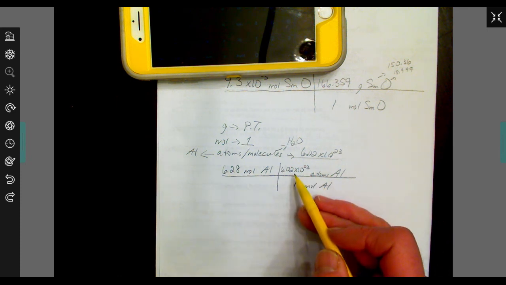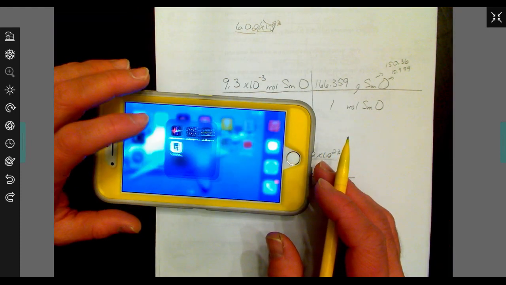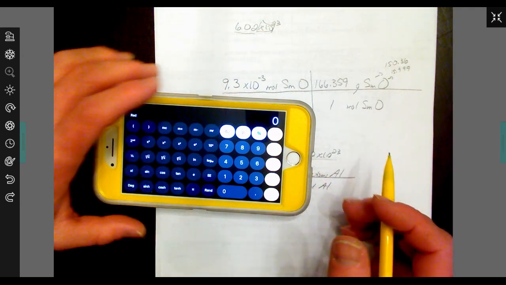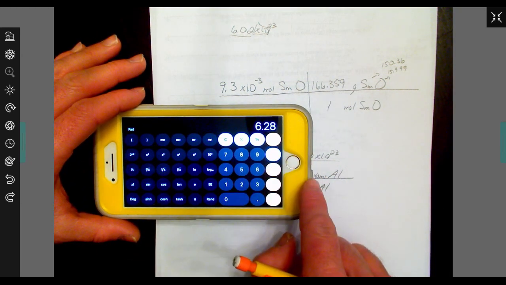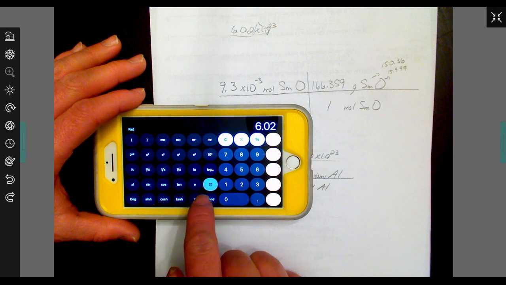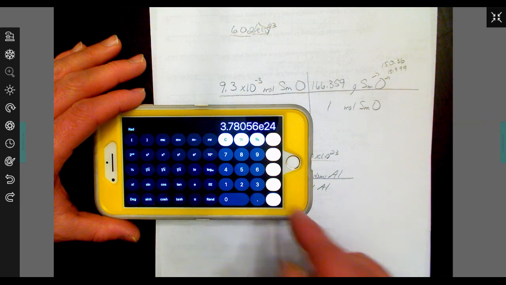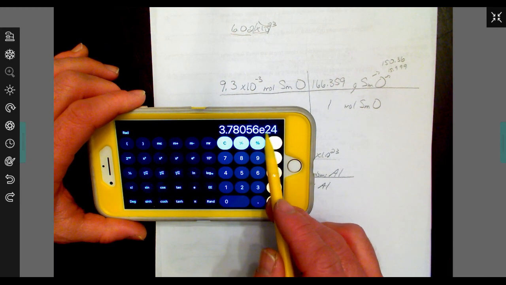6.28 times Avogadro's number. So on this calculator, I'm going to go 6.28 times Avogadro's number, 6.02 times 10 to the 23rd, equals 3.78 and change e to the 24, meaning times 10 to the 24.